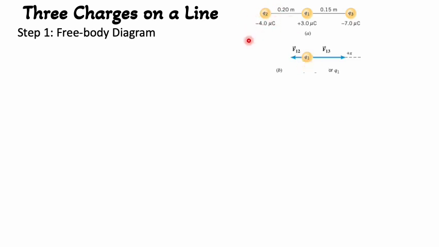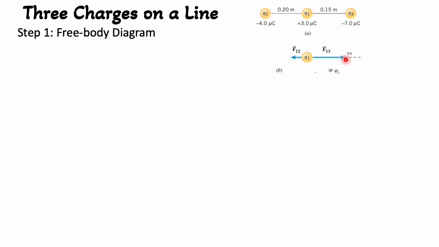Now, how about Q3? Q3 is also negative. As you can see here, it is negative 7 microcoulomb. So, we can say that Q1 will also be attracted to Q3. So, there is also a force acting on Q1 because of Q3, and it is represented by this arrow, F13, or the force on Q1 due to Q3.